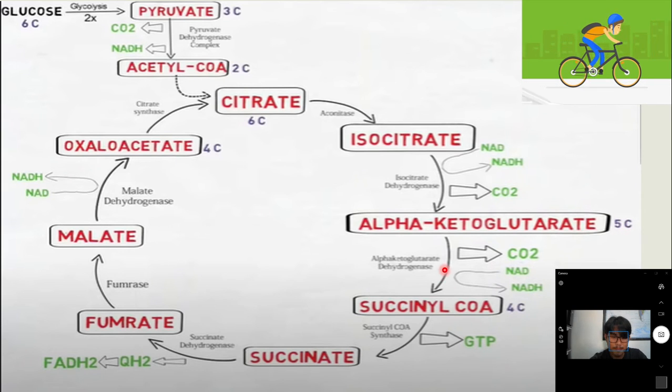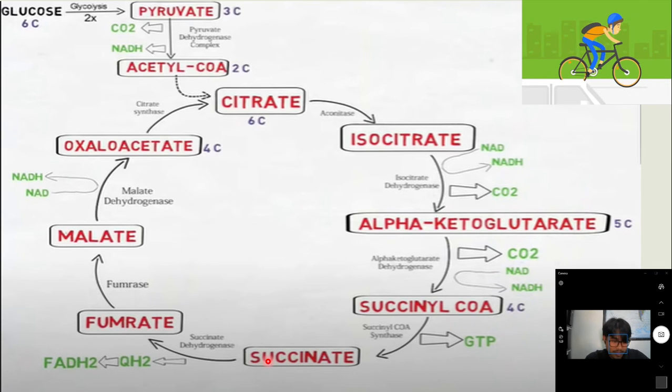Next, before the succinyl, again with the help of the alpha ketoglutarate dehydrogenase enzyme, another CO2 is released and NAD is reduced to NADH, and then the succinyl is converted. In this step, GTP is produced with the help of succinyl CoA synthetase. Synthetase.